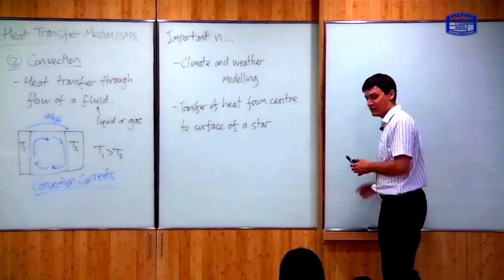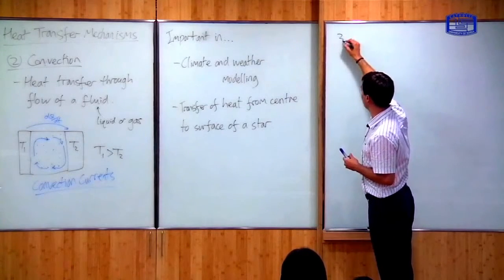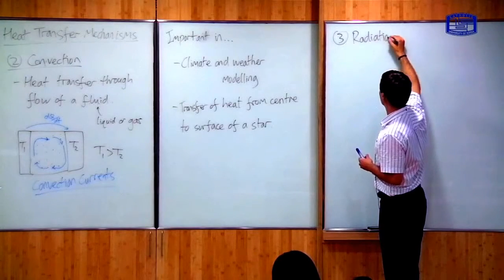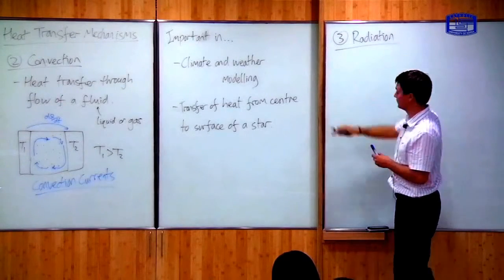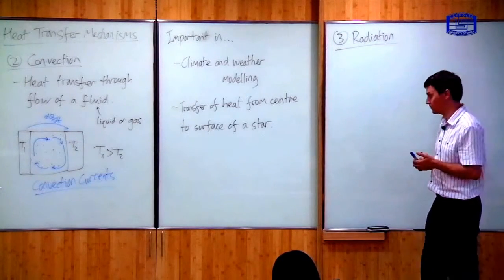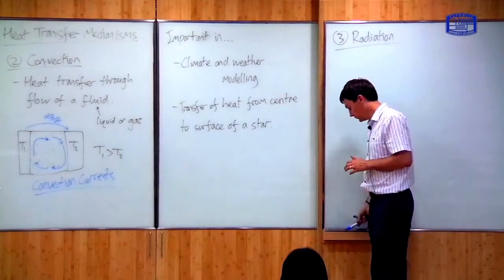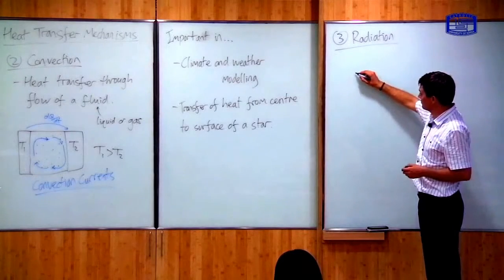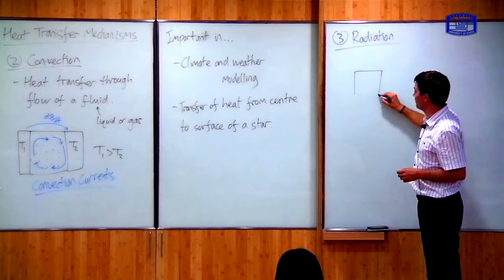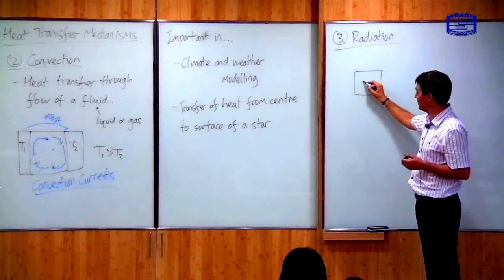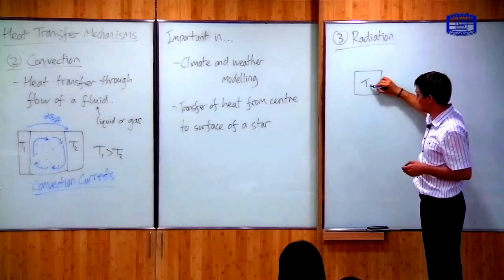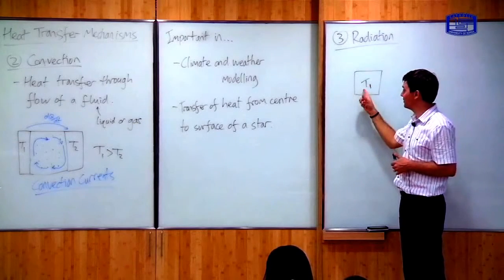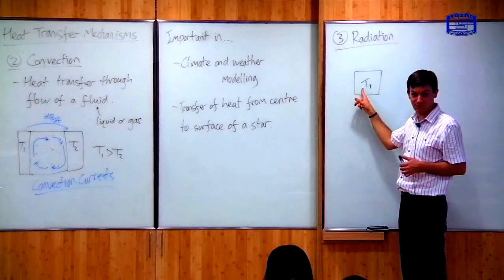Right. The third and final way in which heat can be transferred is known as radiation. Now, let me explain. Suppose I've got a system, a box, or whatever, which is at a certain temperature T1. Now suppose that I want to stop any transfer of heat from T1.